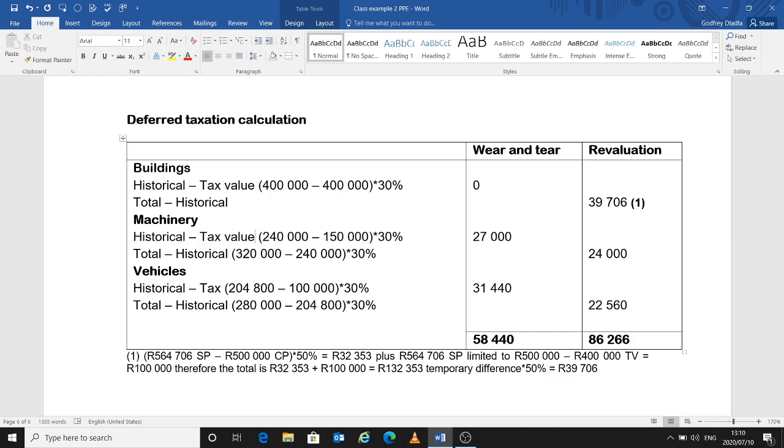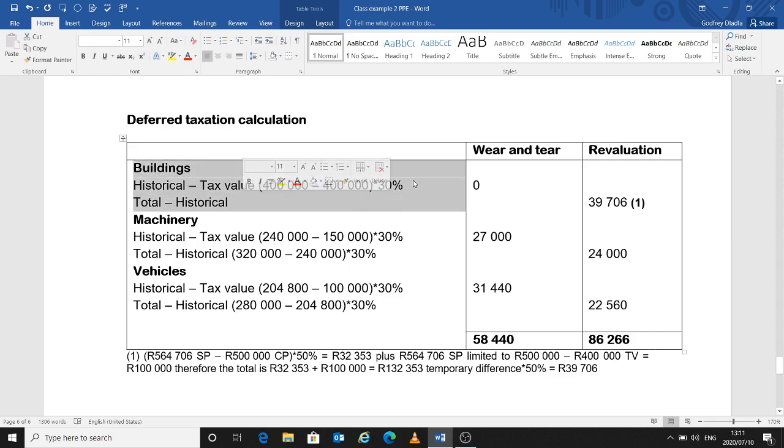If I then compare total to historical, in a nutshell, under buildings here, if wear and tear gives me 0, then that means the rest of the amount is due to revaluation, the 39,706. I've even tried to explain it there at the bottom: that is the capital profit minus taxable capital gain.